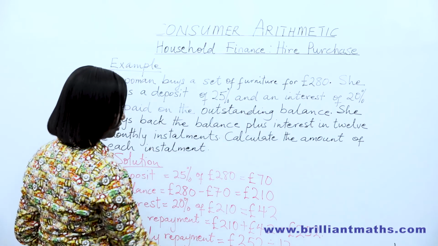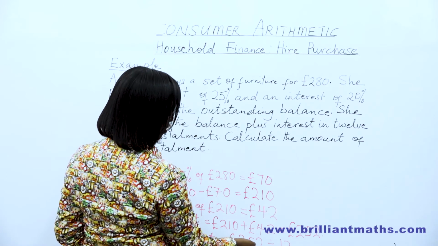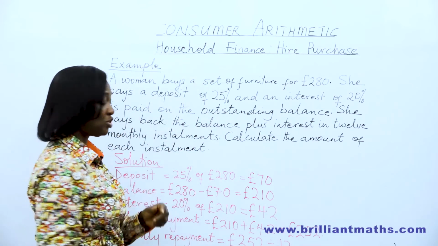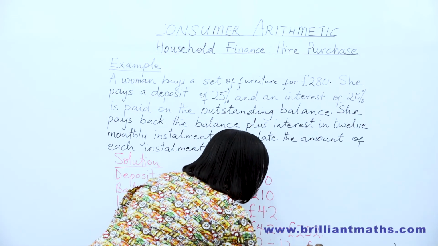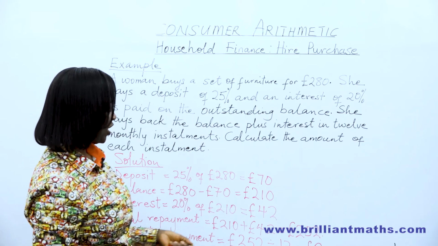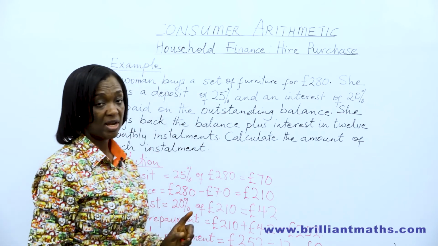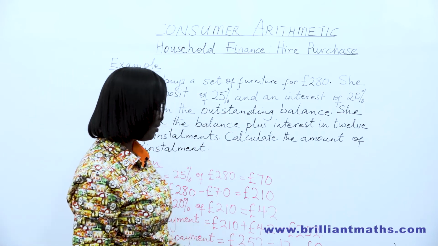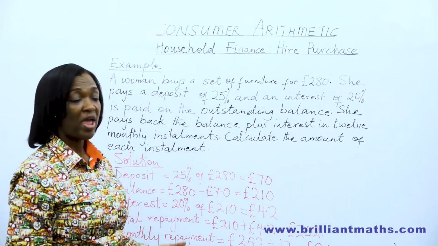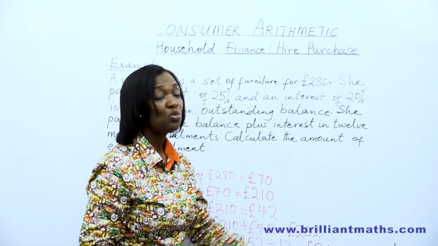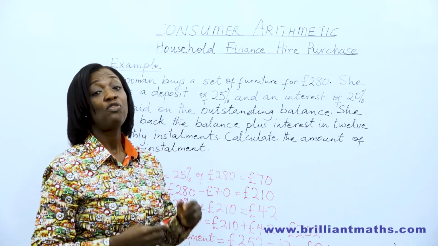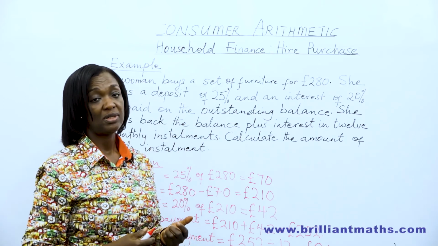So let's see. 252 divided by 12. 12 into 25 gives you 2, which is 24. 24 from 25 is 1. So we now have 12. 12 divided by 12 is 1. So she pays back £21 every month for 12 months.